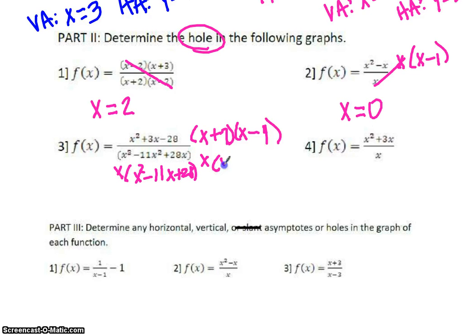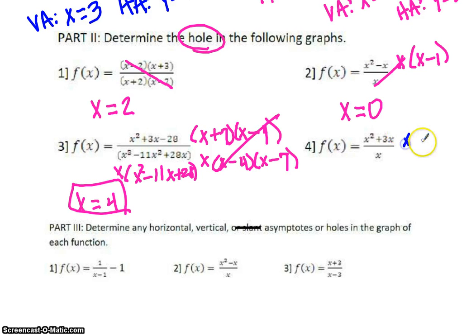It's going to be x minus and x minus, factors of 28 that give you 11 are 4 and 7. So remember, we only care about holes, which means it has to be something that's going to cancel. x plus 7, x minus 7 will not cancel. Your x minus 4s would cancel, and so x equals 4 is your hole.